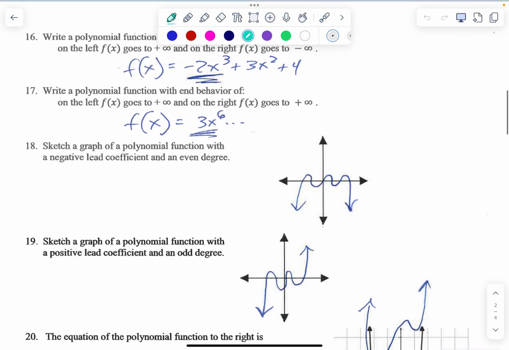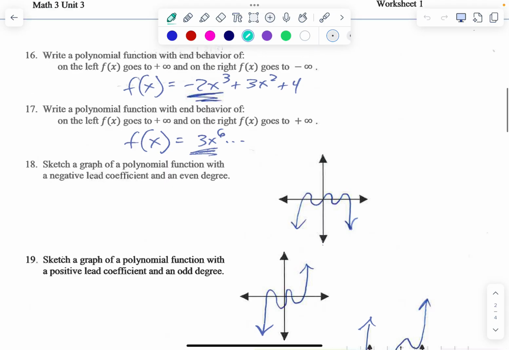Okay, next page. Again, I told you yesterday that all that matters on these kinds is that leading term. The rest of it doesn't address the question. So as long as yours matches the sign of the lead coefficient and the degree, then you're good.